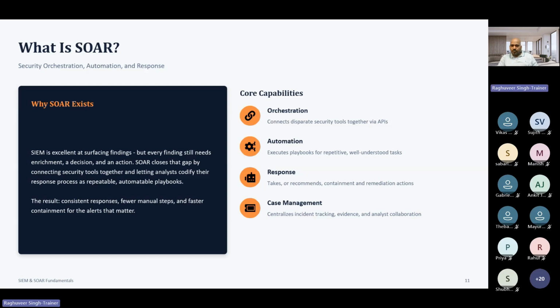Next participant. Mansing has a question. What do we actually mean by log injection? Are you saying ingestion or injection? These are two different things.